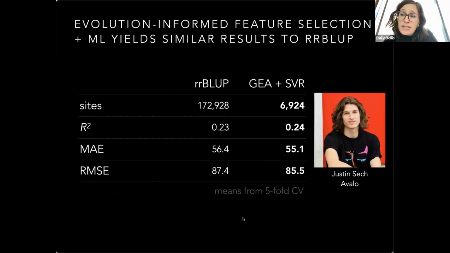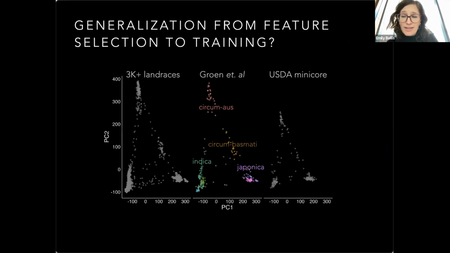And we actually get pretty similar results in terms of predictive performance for this grain fill under drought in the Philippines data set. So I guess our model is slightly better. It's a very subtle difference, and we're able to create good predictions with fewer SNPs, which can be useful under some contexts.